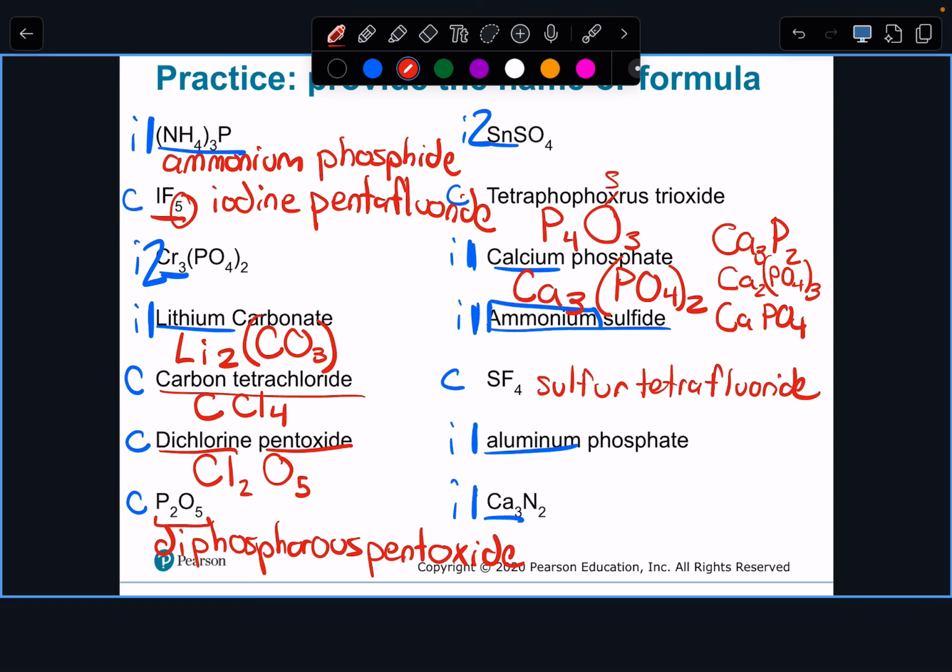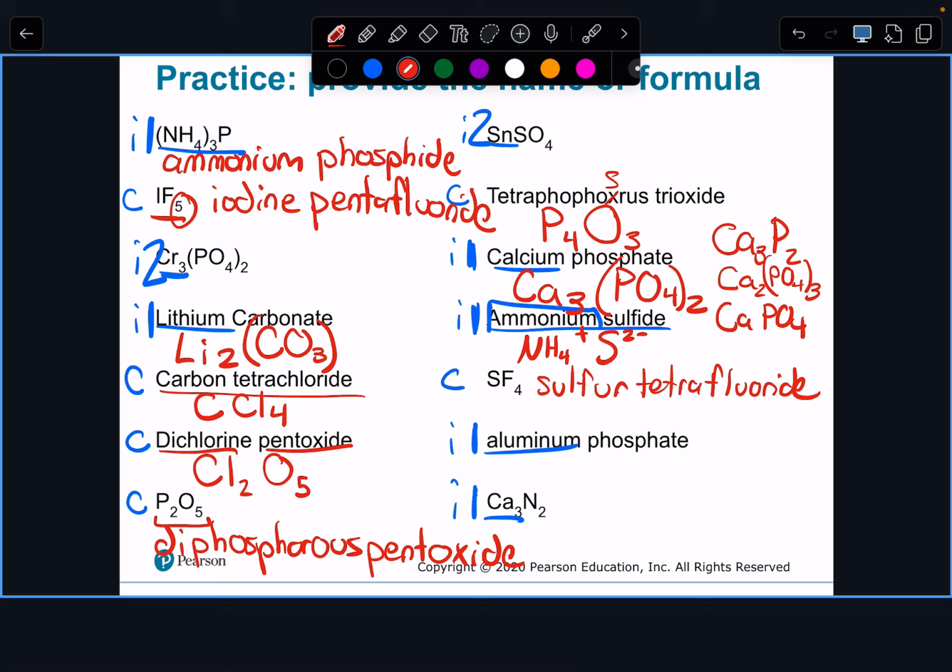Okay, ammonium sulfide. Ammonium is one of those few that is positive, the only one that you'll see that's positive. So it takes the place of the metal. So NH4 plus. Sulfide, ide means it's the element. So it's just sulfur, which has a 2- charge.